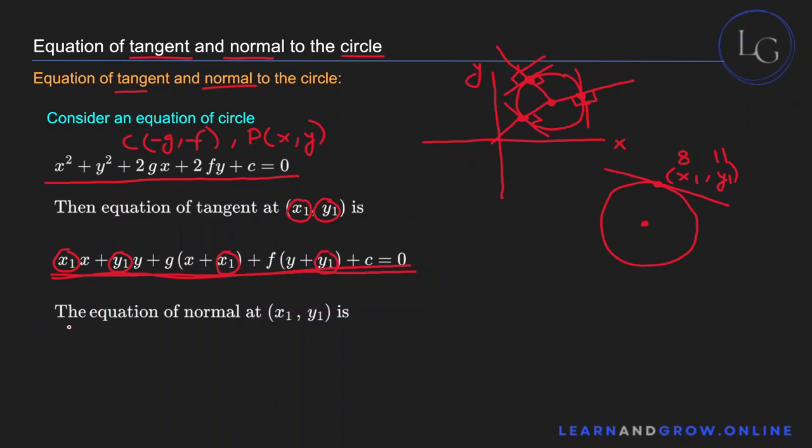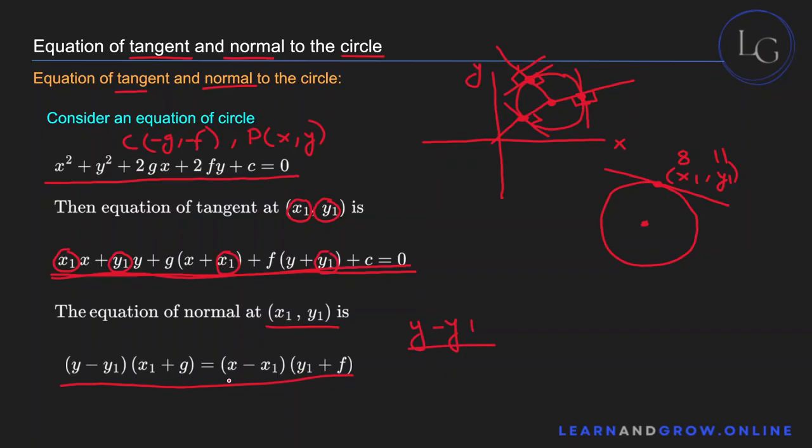And also, let's see how you can find the equation of the normal at this same point, x1, y1. You use this formula, and if you cross multiply, you eventually end up with this: (y minus y1) over (x minus x1) is equal to (y1 plus f) over (x1 plus g).